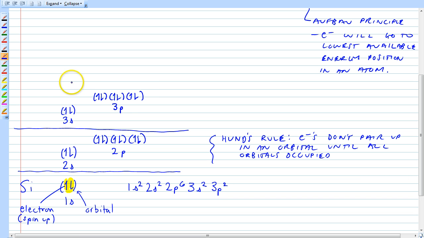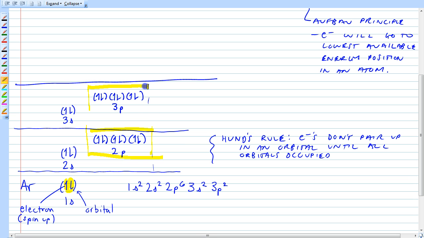All right. Now I want you to notice something at this point. This would be argon right here. And I hope that you can see the relationship between argon and neon. Remember that with neon, we ended with this as the outermost sublevel, and it was full. It was a full 2p sublevel, a full p sublevel.